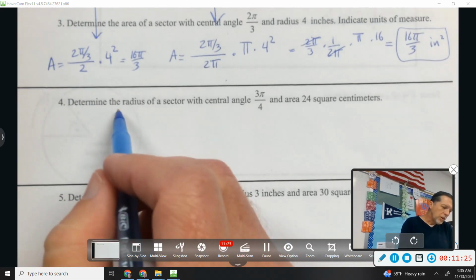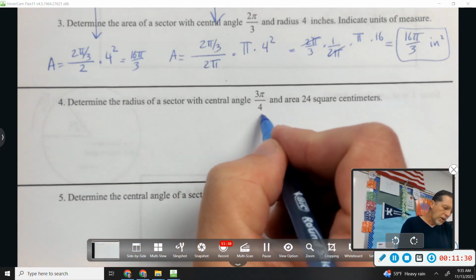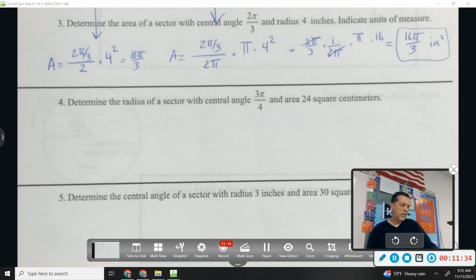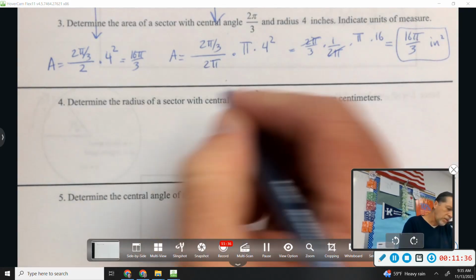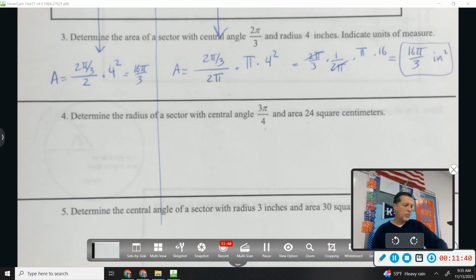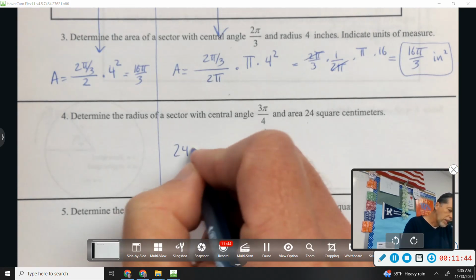Number 4, determine the radius of a sector with central angle 3 pi over 4 and area 24 square centimeters. Okay, so again, I'm going to continue with the concept way and the formula way. The area is 24.